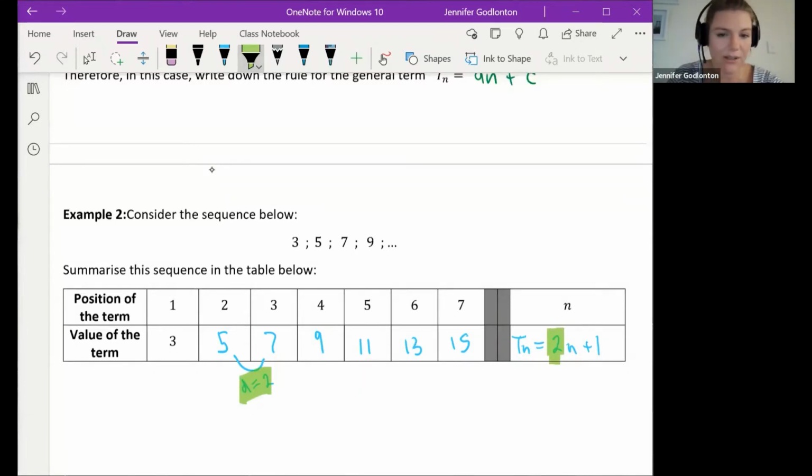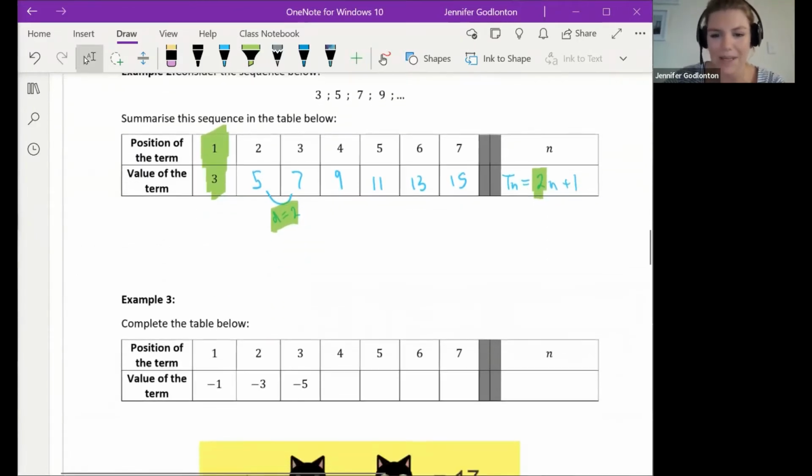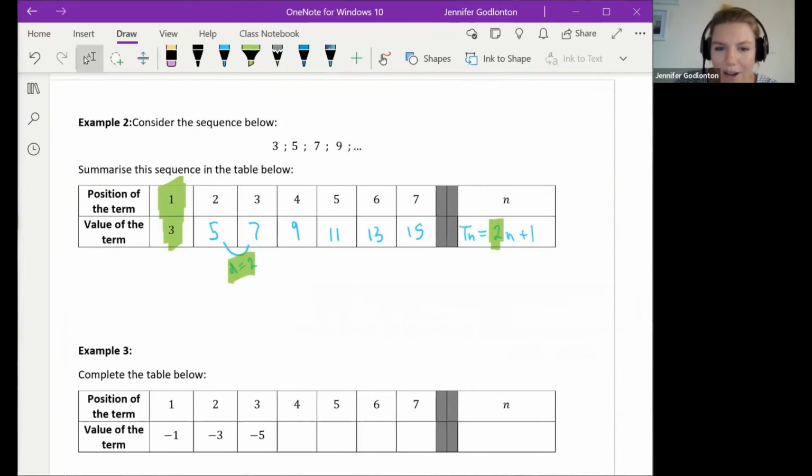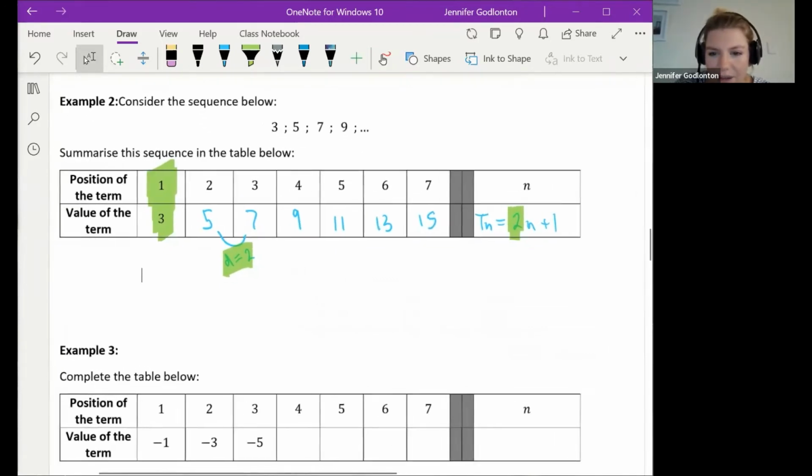That's always going to be the constant difference. And then we think about this first situation over here. If I have 2 times 1, that's going to give me 2. And I need to have an answer of 3, which means I need to plus 1 to get to 3. And then we've got our rule. It's that easy, for the moment. We're going to get a bit tougher.